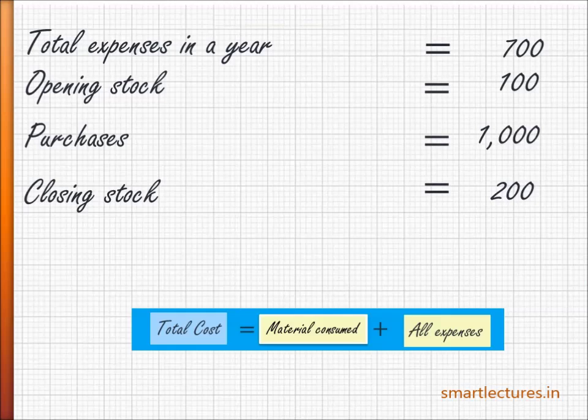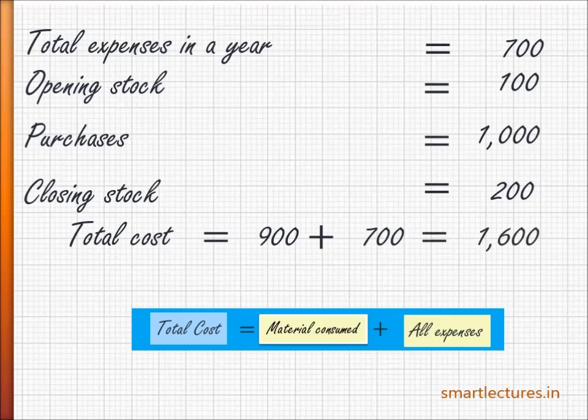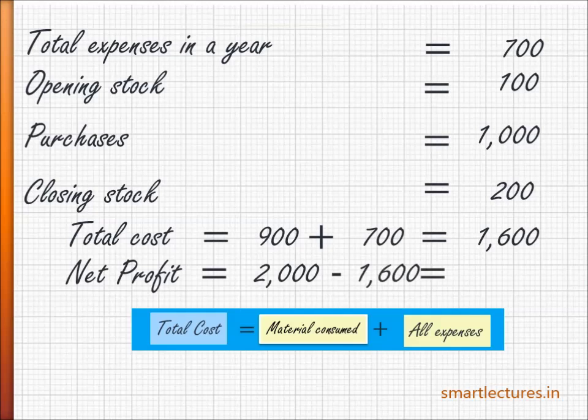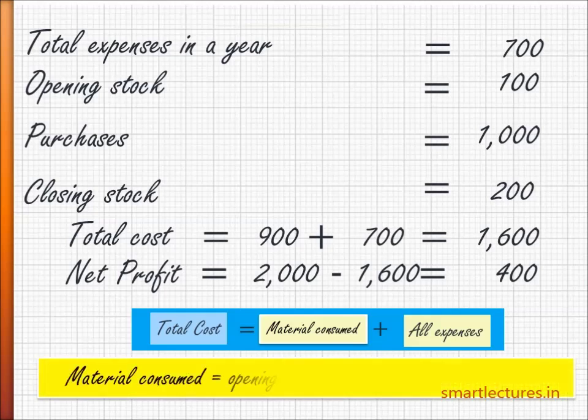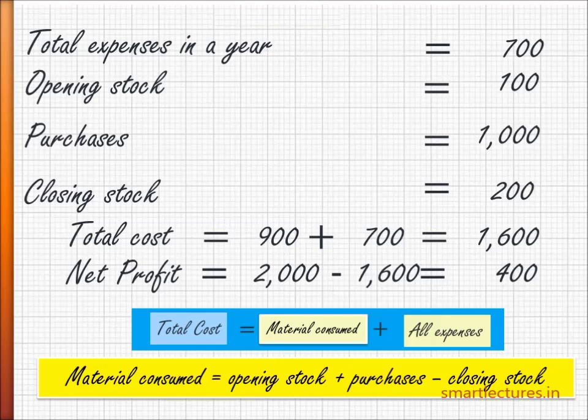In this situation, the total cost will be 900 plus 700, total 1600. So what will be the net profit? Sales minus total cost. That will be 2000 minus 1600, that is equal to 400. So total cost is equal to material consumed plus all expenses, and material consumed is equal to opening stock plus purchases minus closing stock.